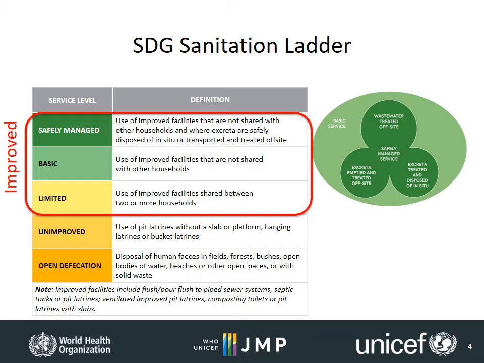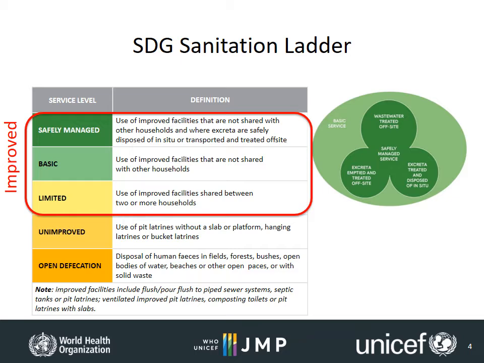As with drinking water, the JMP uses a ladder to benchmark and compare service levels across countries. We continue to monitor the proportion of the population who do not use toilets and practice open defecation, and those that use unimproved facilities, such as a pit latrine with no slab or a hanging latrine. For SDG reporting, the population using an improved sanitation facility are now divided into 3 categories.